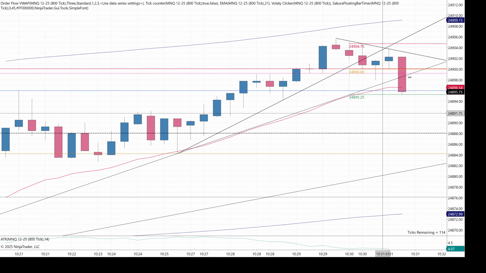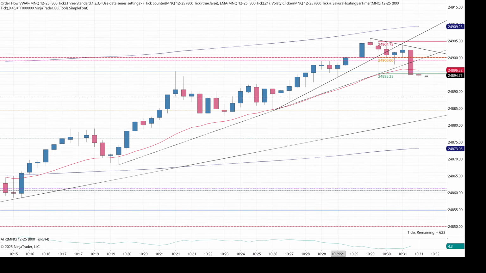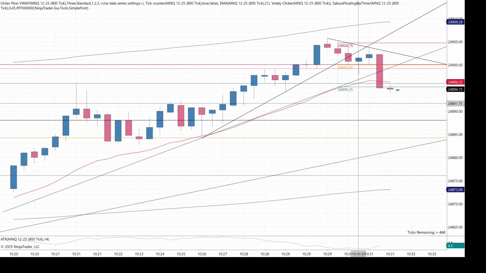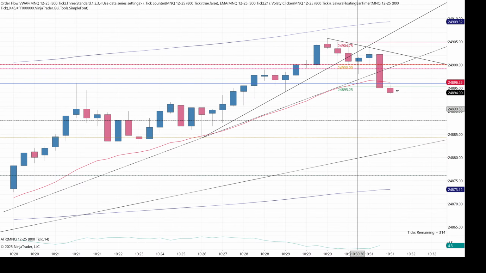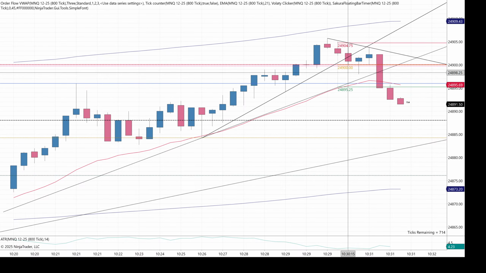And the bearish trigger was the one that played out. Now we keep track of the runner, which is right around 900. The stop loss for the runner.